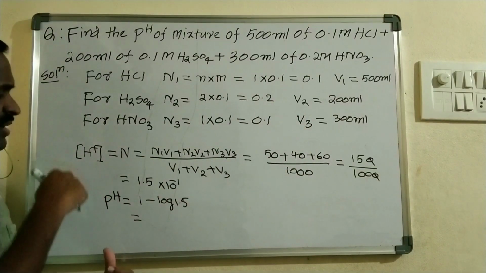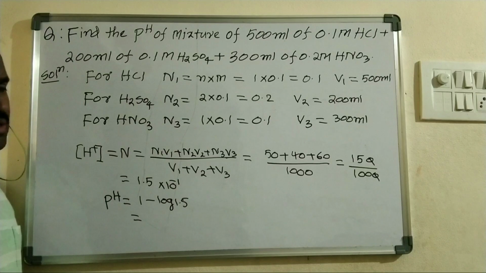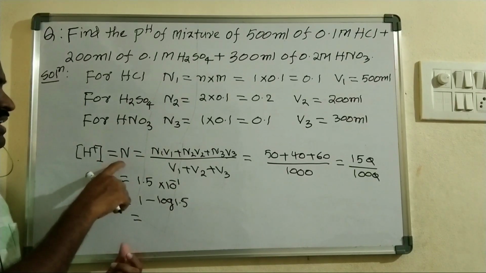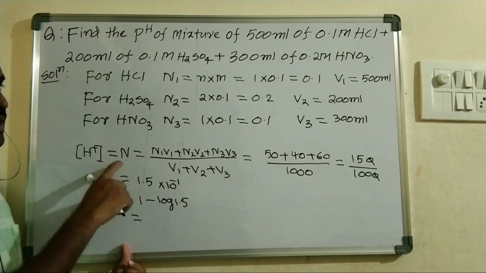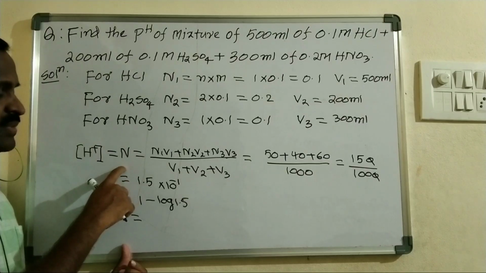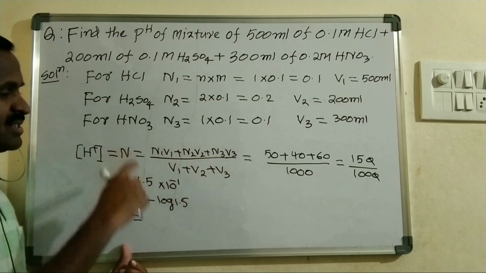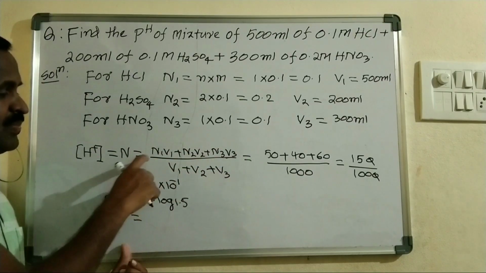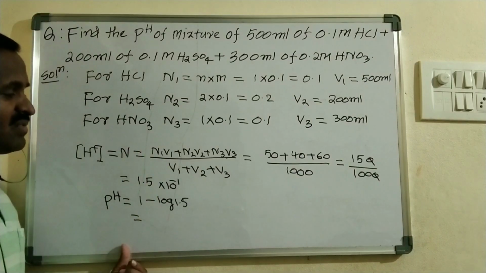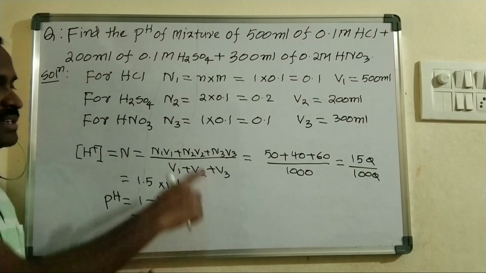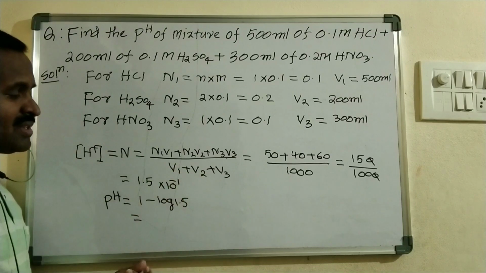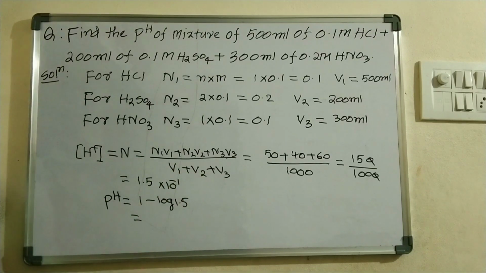And we have a formula to find the normality of a mixture of acids. The H+ ion concentration is nothing but the normality, and for the mixture of all the acids with different volumes the formula is N1V1 plus N2V2 plus N3V3 divided by V1 plus V2 plus V3.